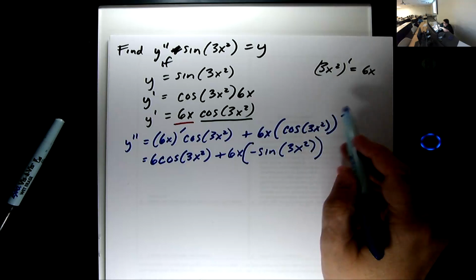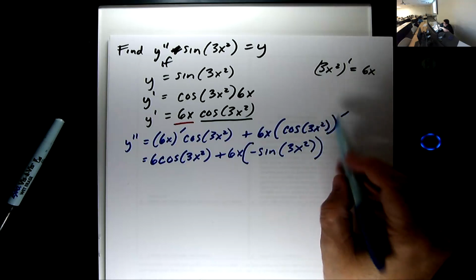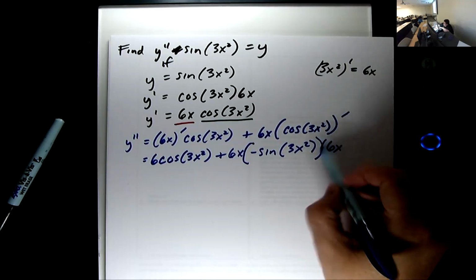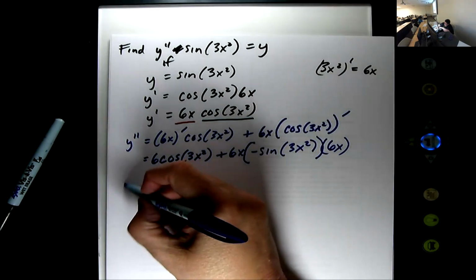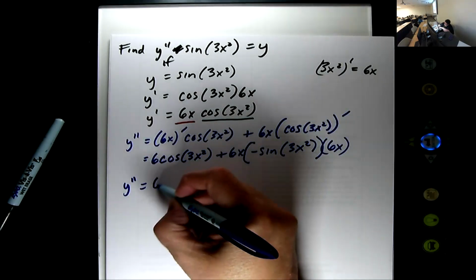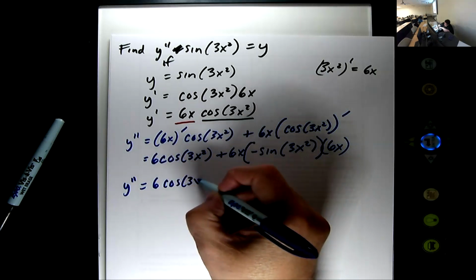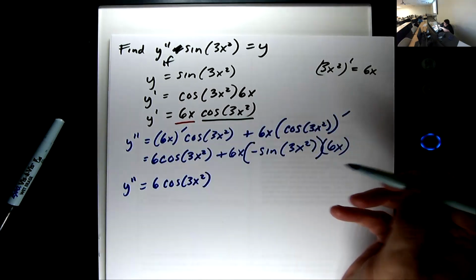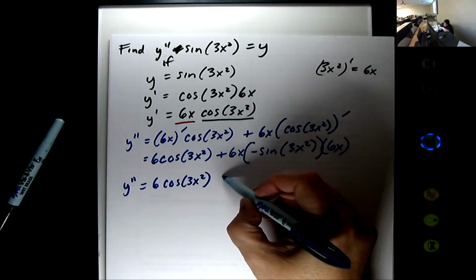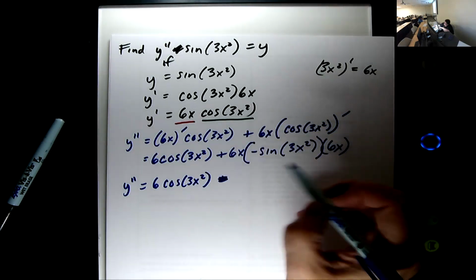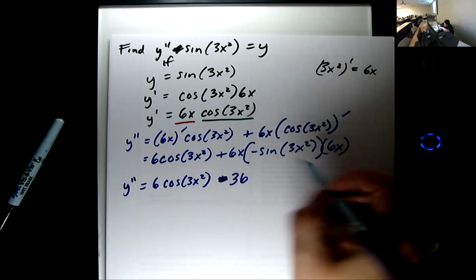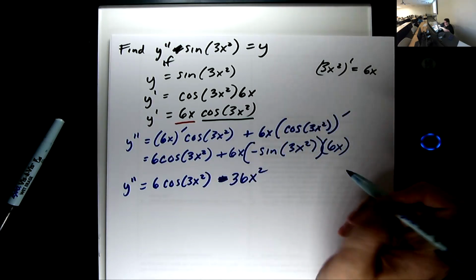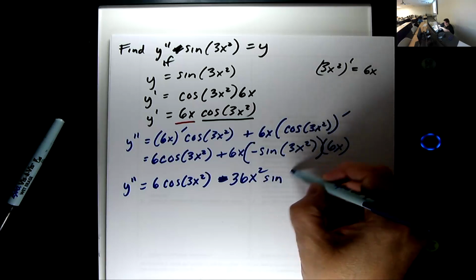And then I got to do the derivative inside the 3x squared, which we already said was 6x. Nope, minus. There's a minus. I've got 2 6's, so 36. I've got 2 x's, so x squared.